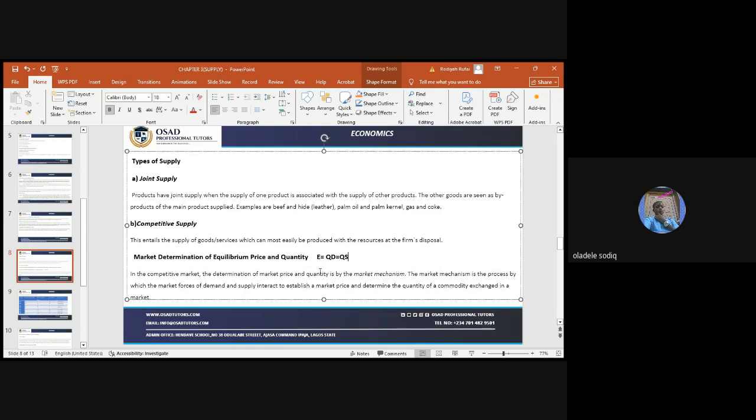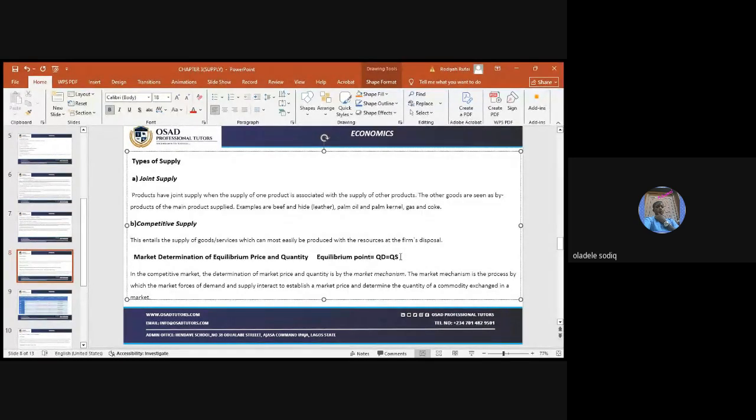Can you see my screen? Yes. So this is equilibrium point. Equilibrium point is a situation whereby quantity demanded is the same thing as quantity supplied. That is, they are equal.